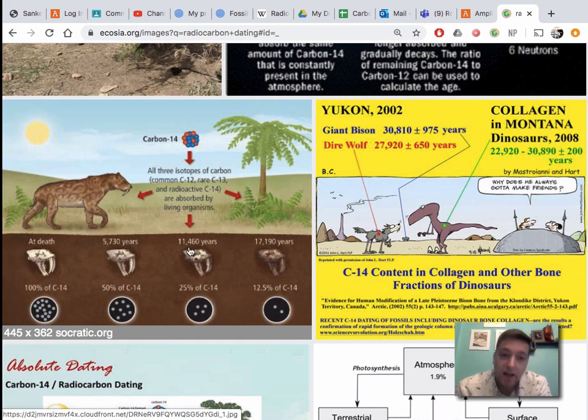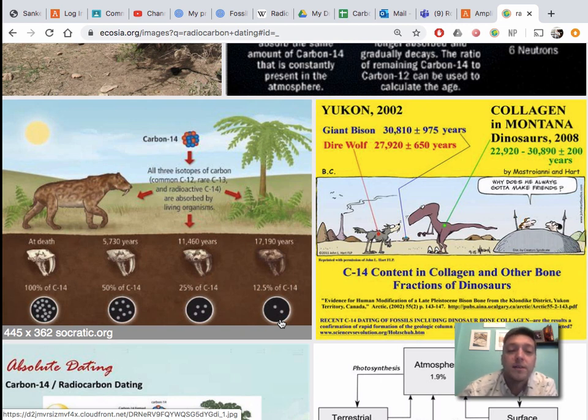After two half-lives, 11,460 years, you have 25% of its carbon. After about 17,000 years, you have 12.5% of its carbon. As time goes on, you get less and less carbon 14, and eventually you have nothing. Saber-toothed tigers are fairly recent in terms of the eras of Earth.